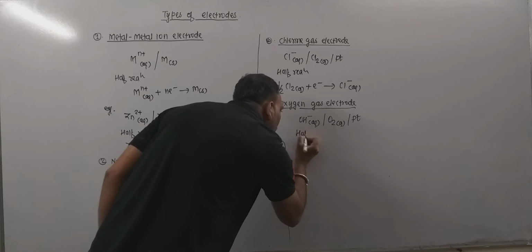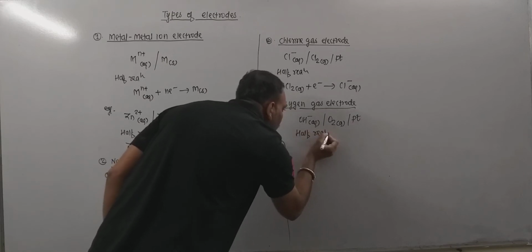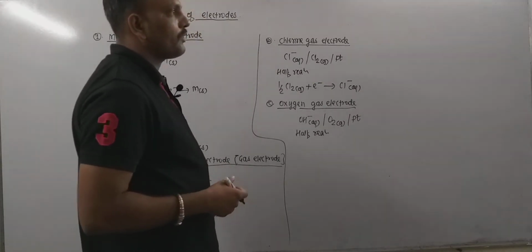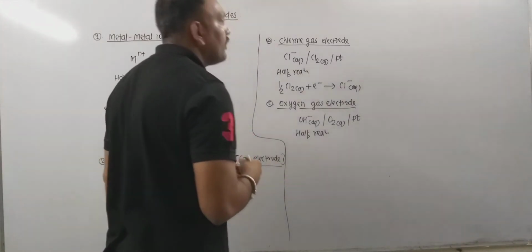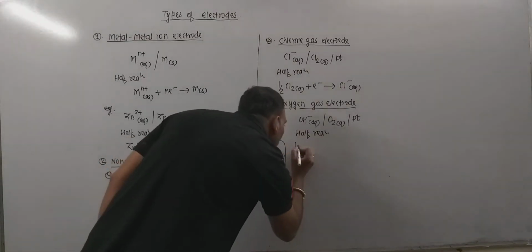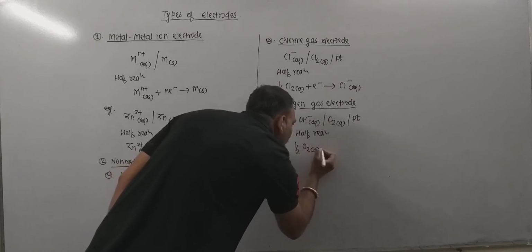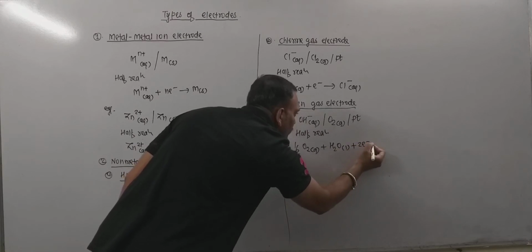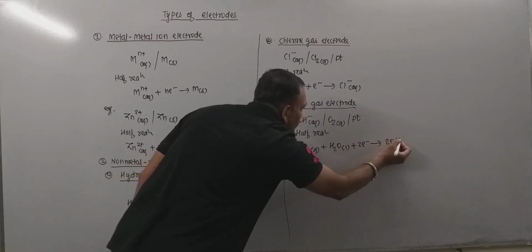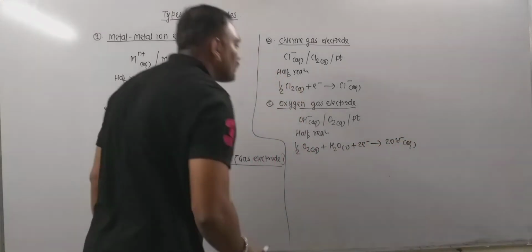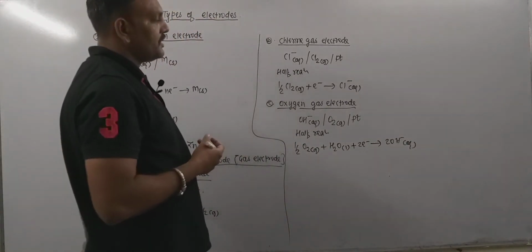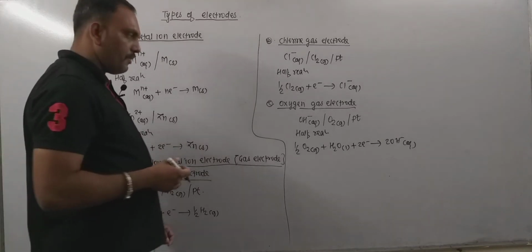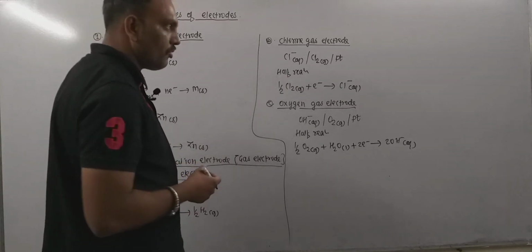Now, the half reaction taking place in this electrode is half O2 gas which we bubble plus H2O liquid plus 2 electrons gives twice OH- aqueous. So, this is the half reaction taking place at this electrode. This is also a very important type of electrode, what we call the gas electrode.